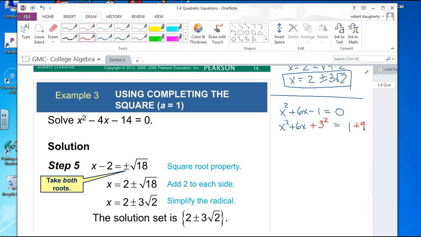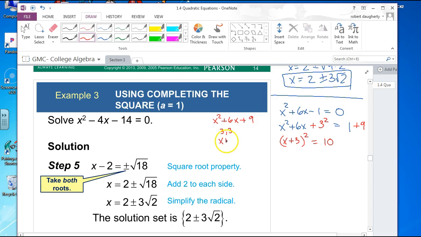And then what this becomes is x plus 3 squared equal 10. The way you get that, if you look at this left side, that's x squared plus 6x plus 9. What numbers multiply to 9 and add to 6? The two numbers that multiply to 9 and add to 6 are 3 and 3.